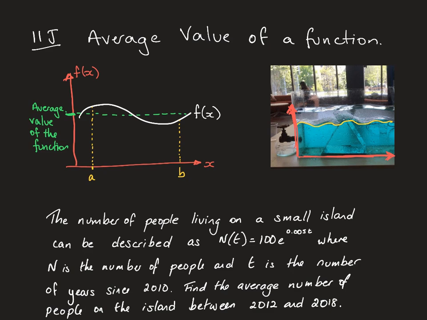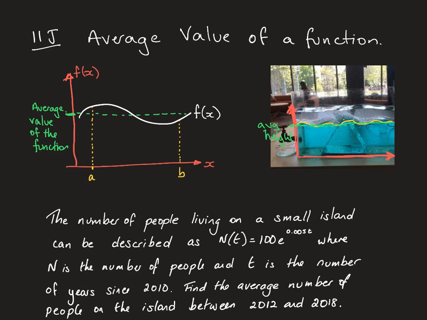So what would happen if we turned this wave machine off is that the water would settle, and it would settle somewhere between the highest height and the lowest height. And that area where the water would settle is what we call the average height of the water.